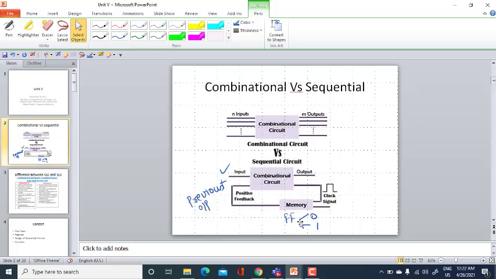Whereas the sequential circuit has a clock signal. The operation is related to the clock signal. Meaning, whenever you have a transition in the clock signal, you have an output.